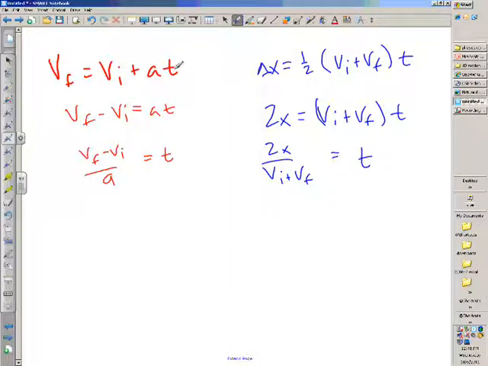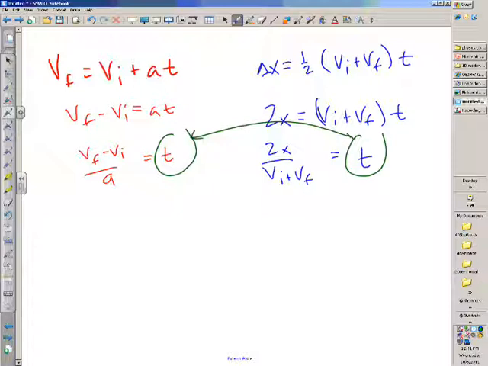I rearranged both of these equations, so I got t by themselves, and now, because both of these equations are equal to t, I can set them equal to each other, okay? McCabe, I'm sorry about this, but I'm using green. I apologize. Hope you can follow along.